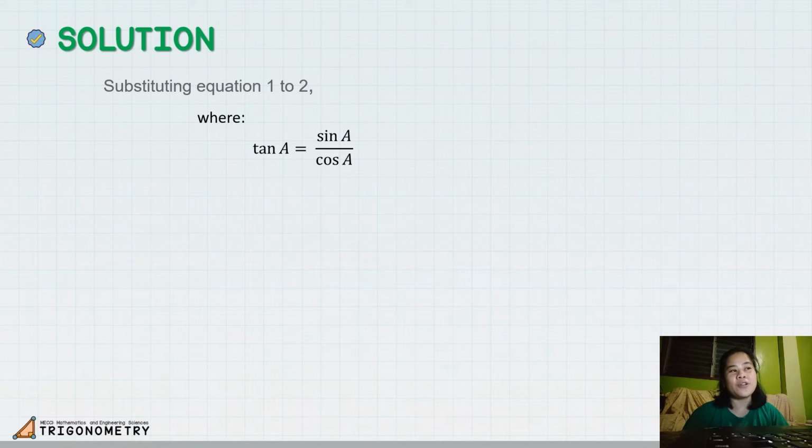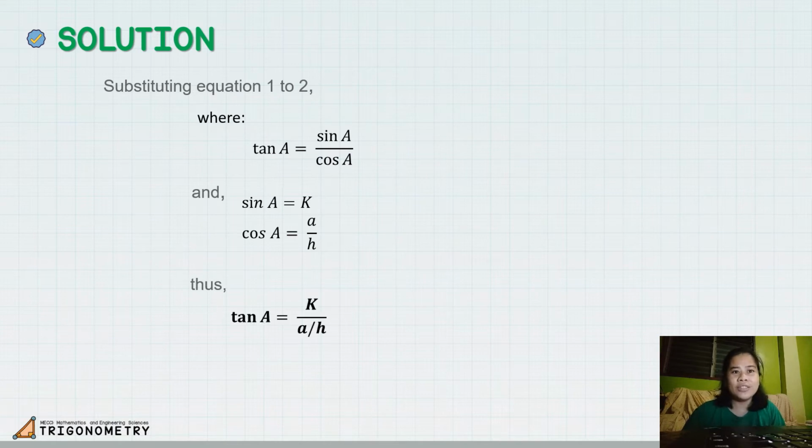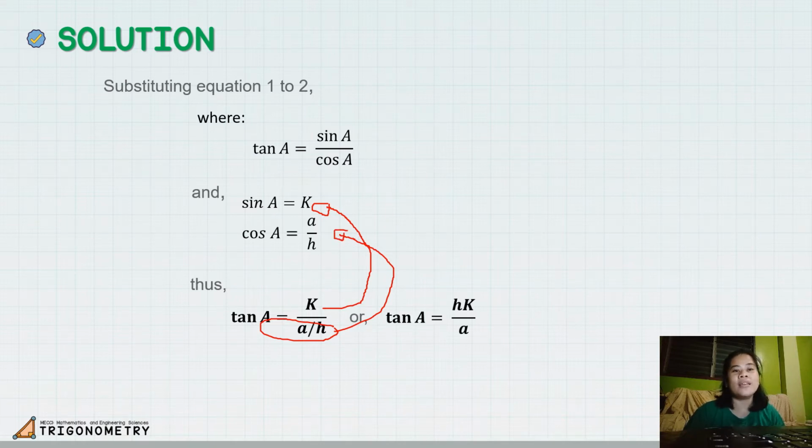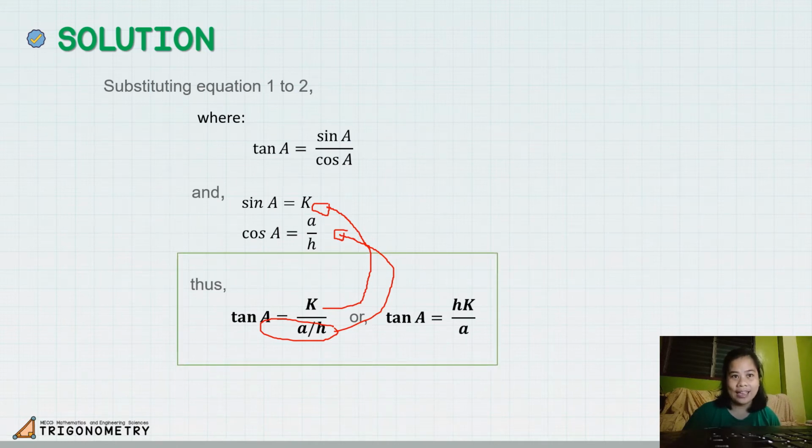From the relations among the trigonometric functions, what is asked in the problem, tangent of angle A, is equal to sine of angle A over cosine of angle A. And since sine of angle A is equal to K and cosine of angle A is equal to A over H, tangent A is K over A over H. Equating, we can say that tangent of angle A is equal to HK over A. Therefore, this is why the answer is letter A.